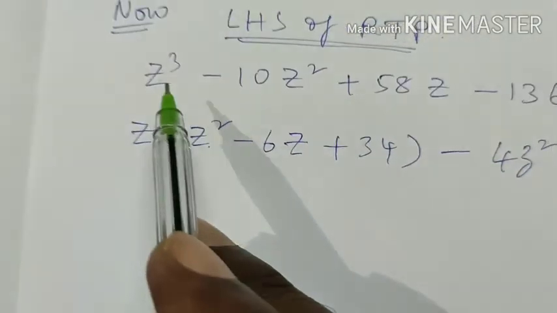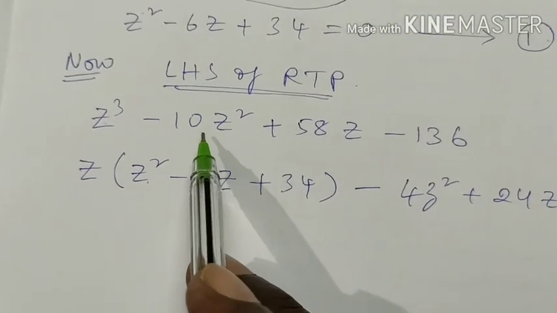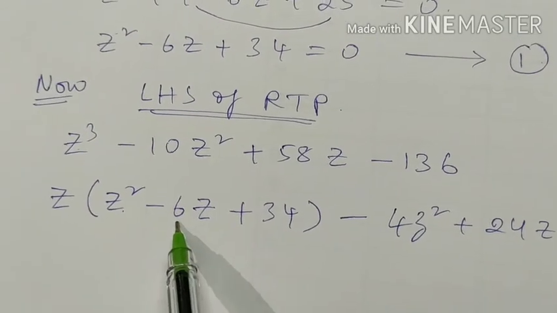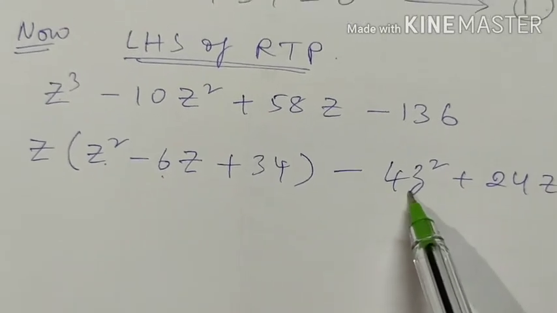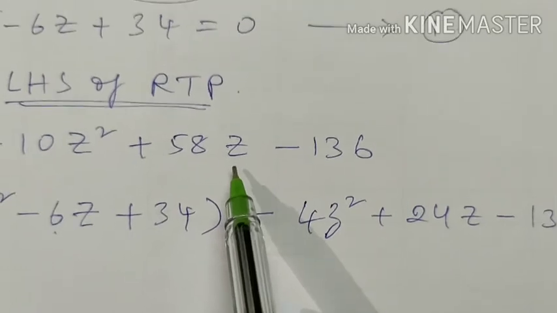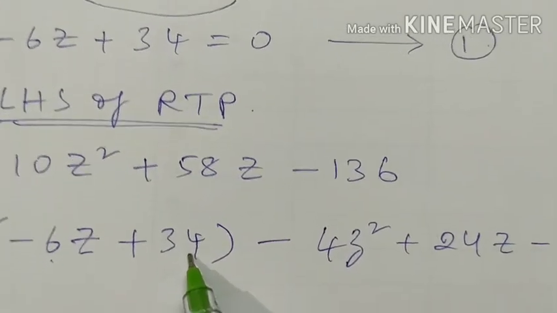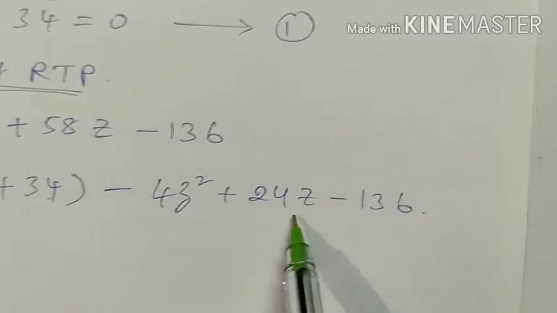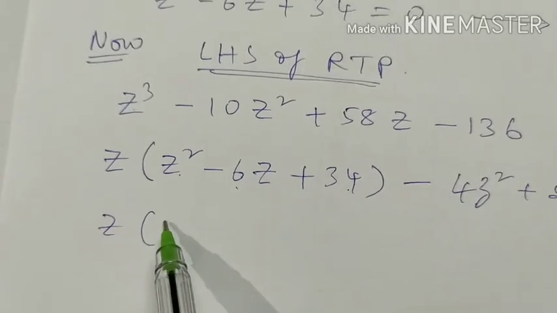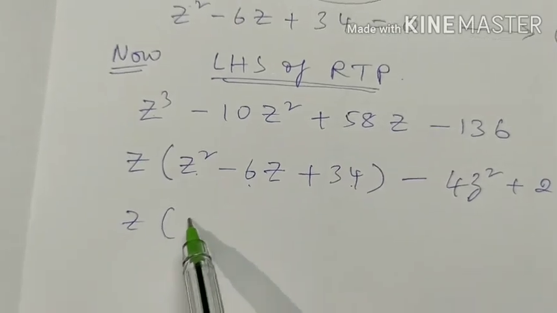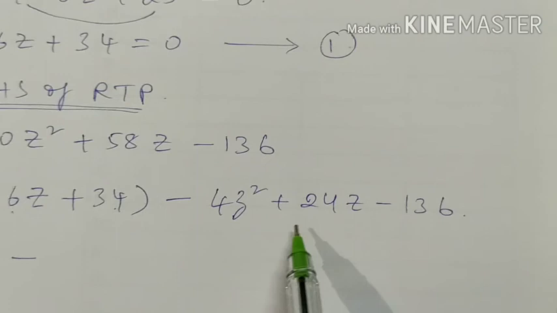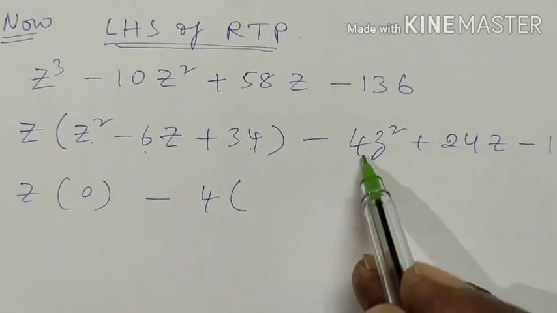Z square into z gives z cube, and from this 10 z square, 6 here and 4 z square are here. So from 58z, 34z is here and remaining 24z and 136 as it is. So this is 0 from 1. So this can be written taking 4 common.